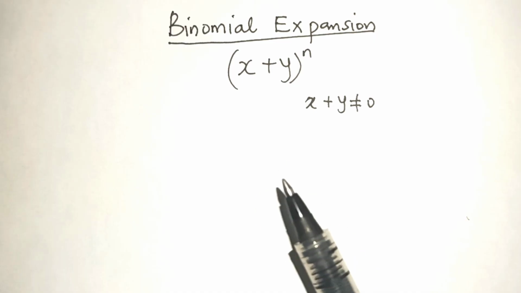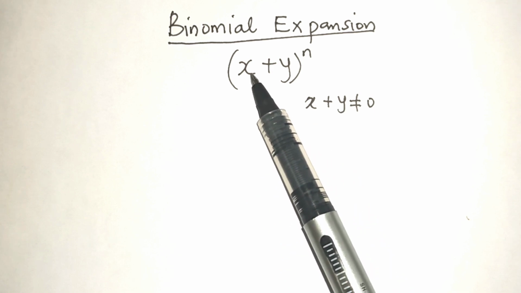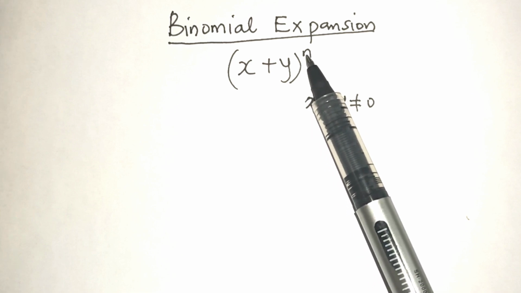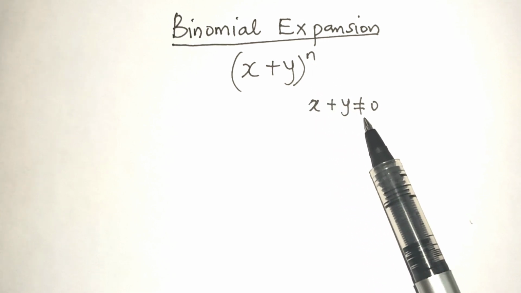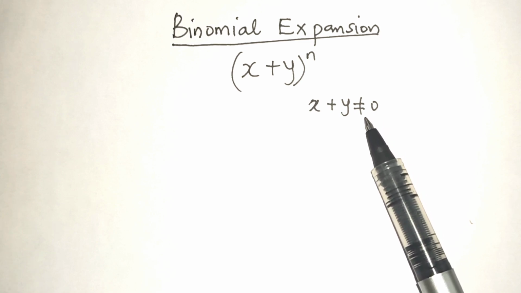A binomial expression is an expression of the form (x + y)^n, where n is a rational number and x + y is not equal to 0. x and y may be any real number.